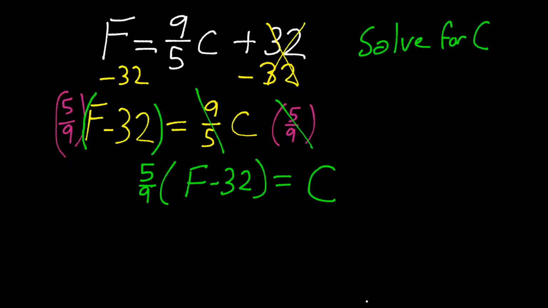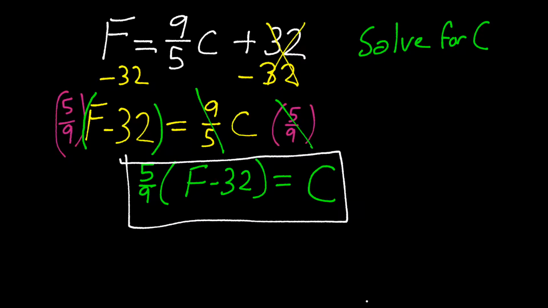So we're not going to have a nice number. We're going to have a difficult fraction to work with. So we can just leave this as this. So now, if we have a degree in Fahrenheit, and we want to find out what the equivalent temperature in Celsius is, we can use this formula.